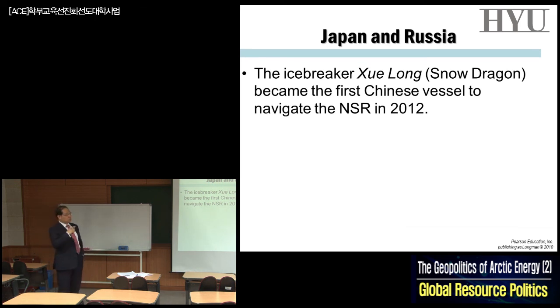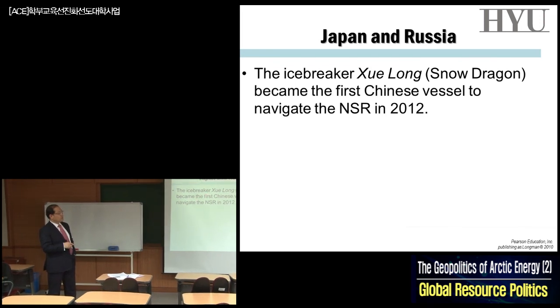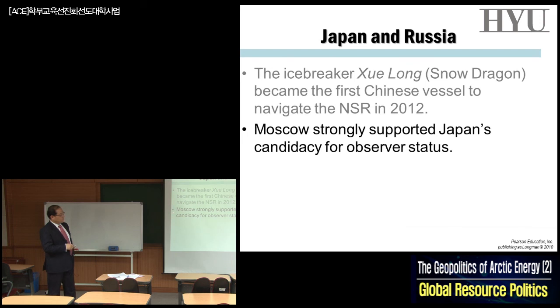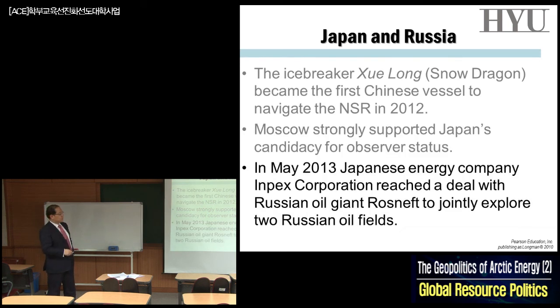This Snow Dragon became very famous, the first Chinese vessel to navigate the entire NSR in 2012. Because of this, Russia began to support Japan's candidacy for observer status. This is how Russia and Japan are getting closer.